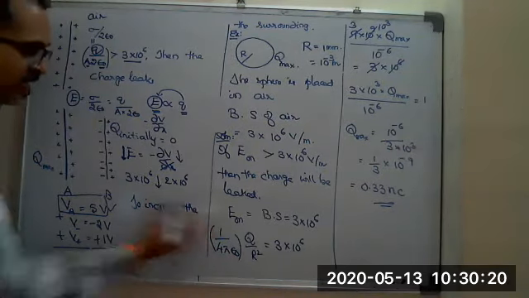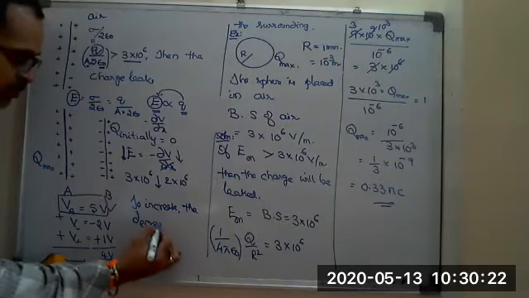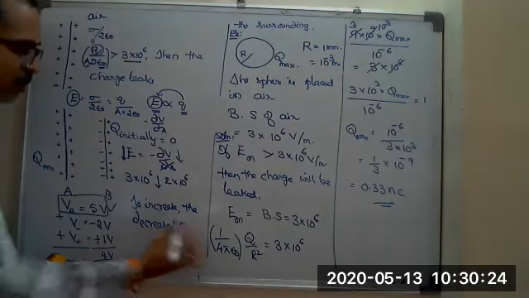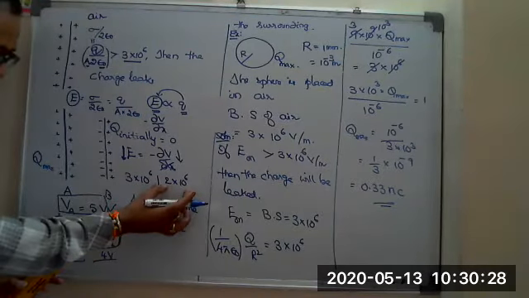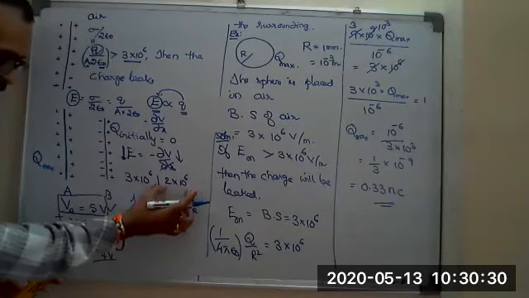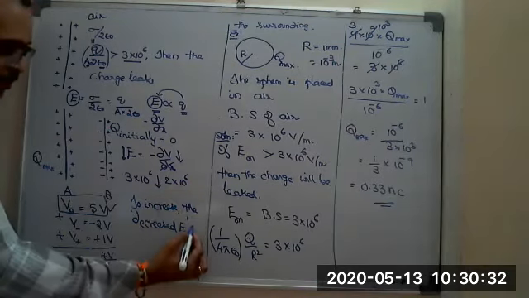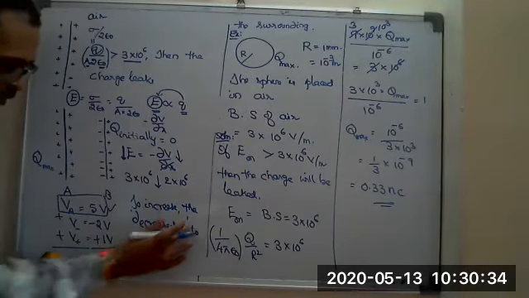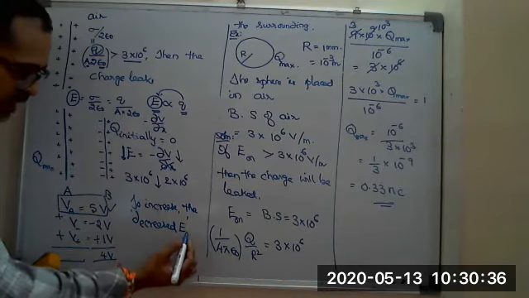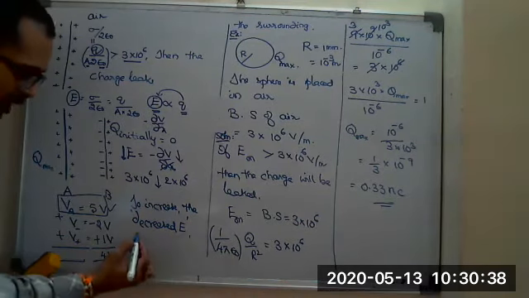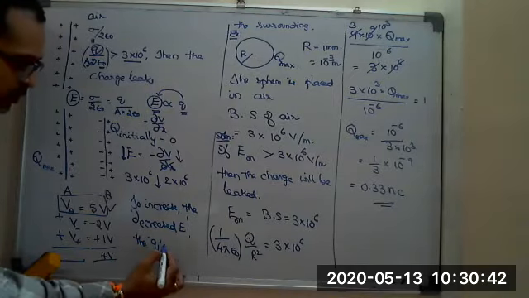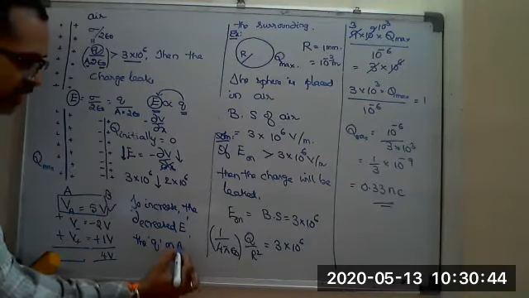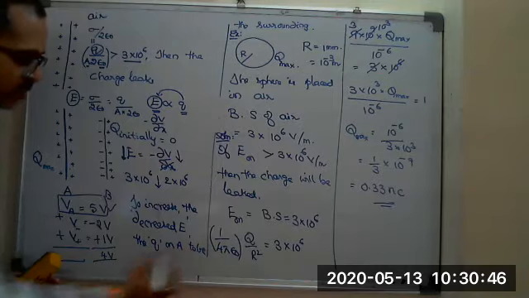The decreased E. This is the decreased value of E. To increase the decreased E, the charge on A has to be increased.